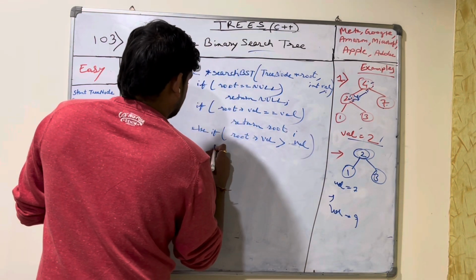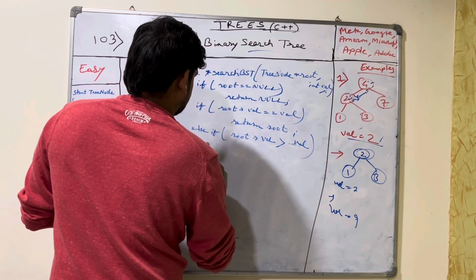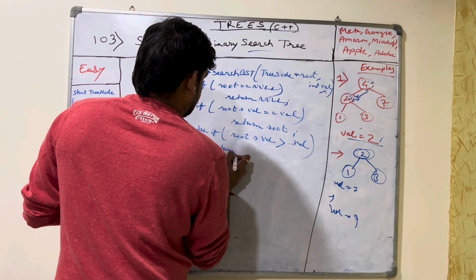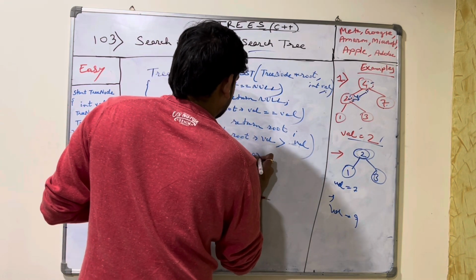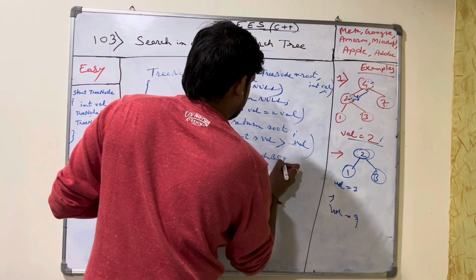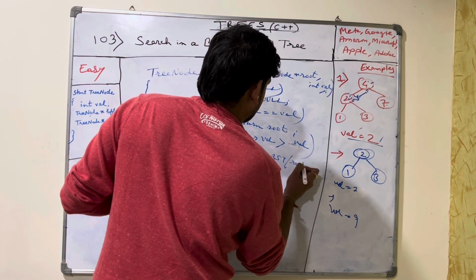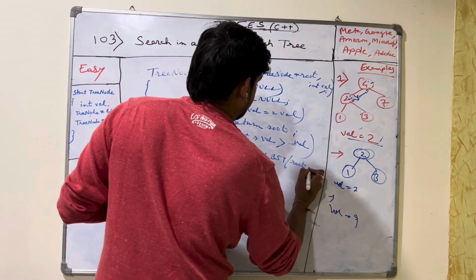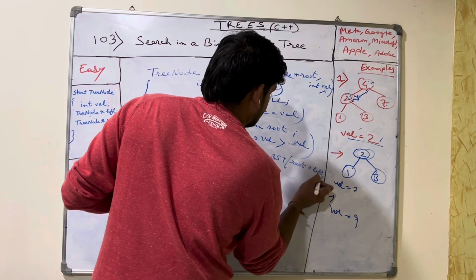We call return, we call this function searchBST with root left, since the root is greater than the value, we will go to the left, right?